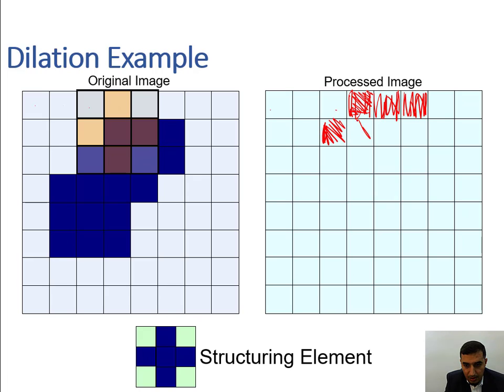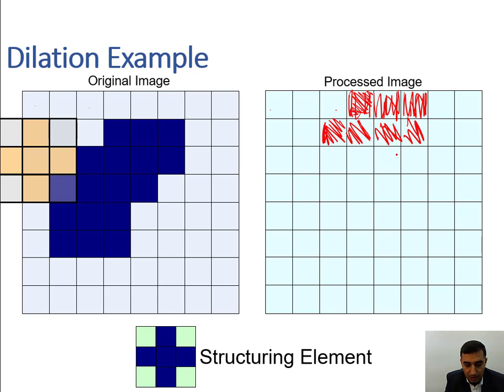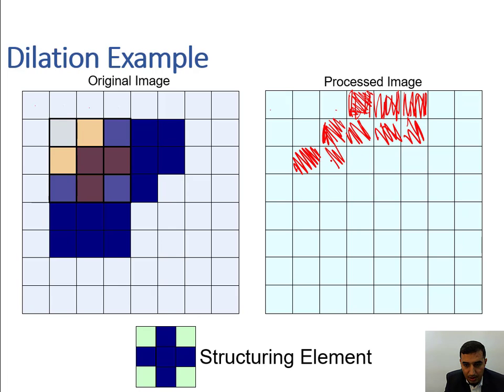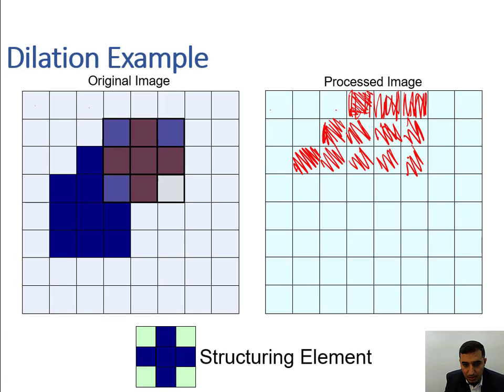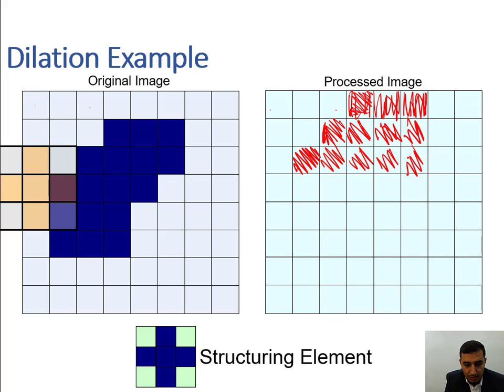Then these are of course part of the pixels which is here. Now pixel number 2, then 3, 4, 5, 6. Okay, the rest are the same.